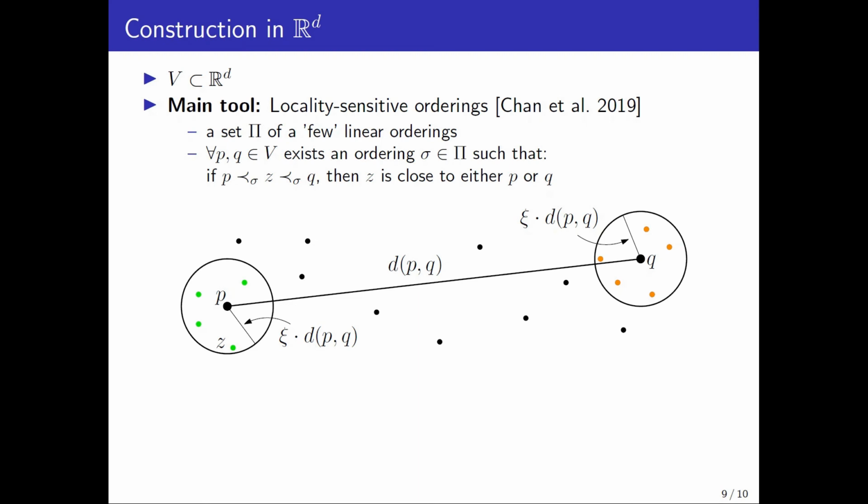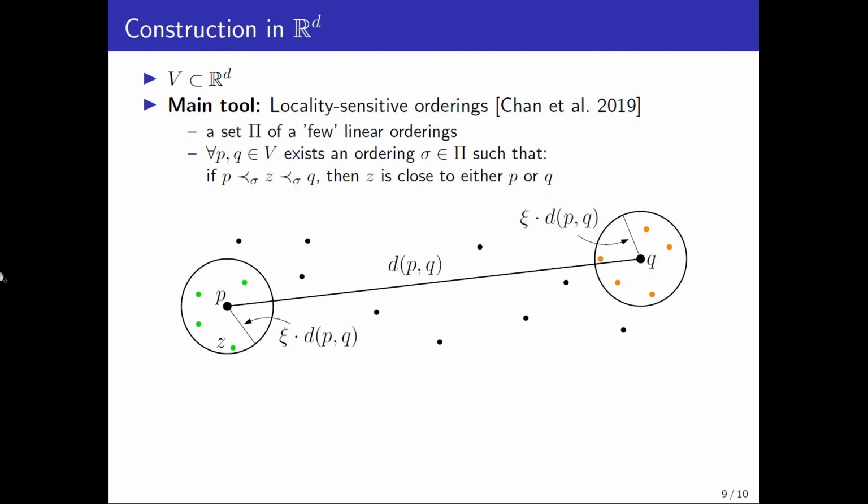For any pair of points P and Q, you can pick an ordering from this set of orderings such that all points that are between P and Q, according to this ordering sigma, are either very close to P or very close to Q. Let me elaborate a bit on this.